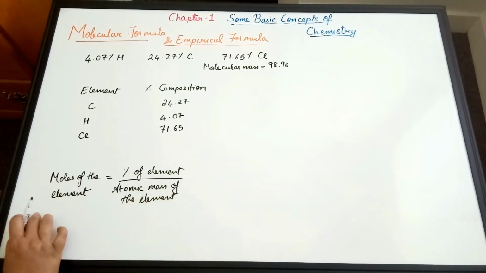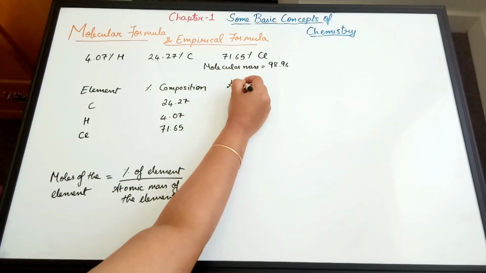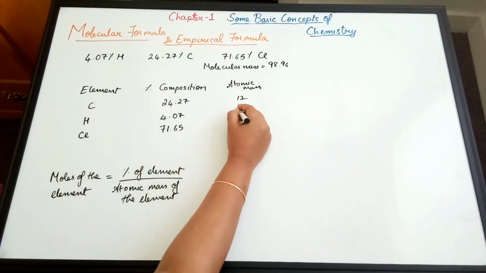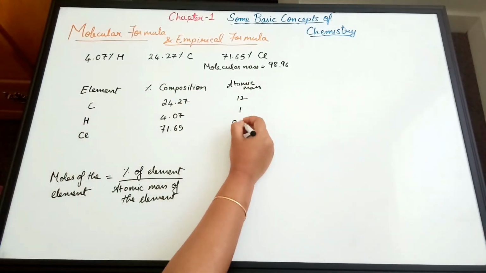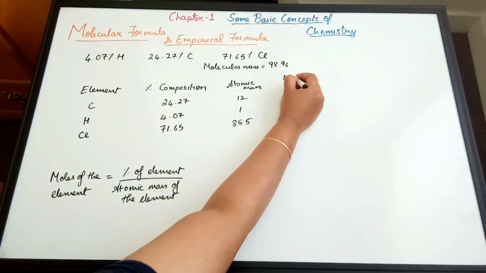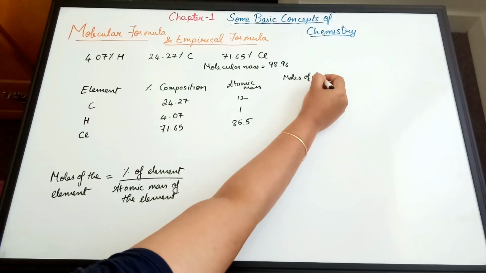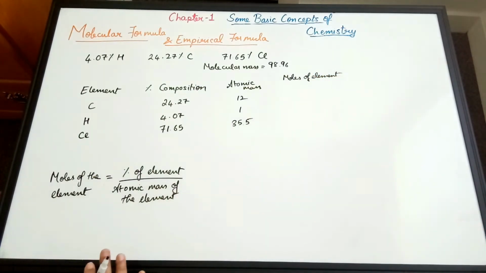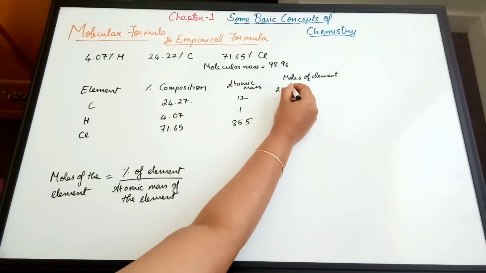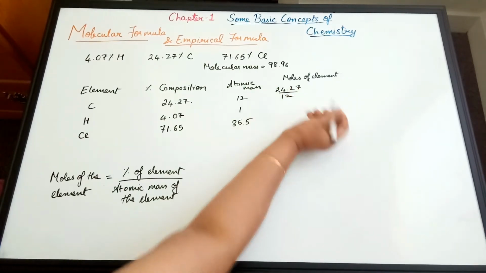I'm taking the atomic mass of carbon as 12, hydrogen as 1, and chlorine as 35.5. To find the number of moles of a particular element, we divide this by this. So 24.27 divided by 12.